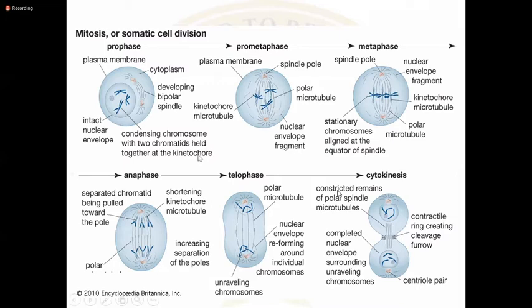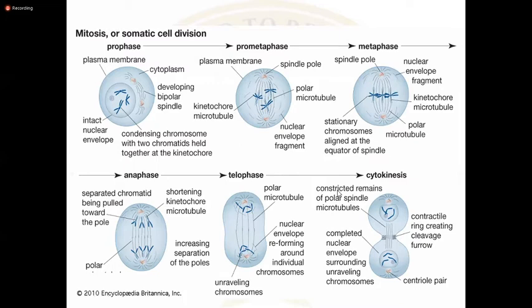Then during anaphase, what happens is there is shortening of these microtubules. Clear? There is shortening of the microtubules, and the centromeres split here. Clear? They split, and the chromatids are being pulled towards the opposite poles. Right?